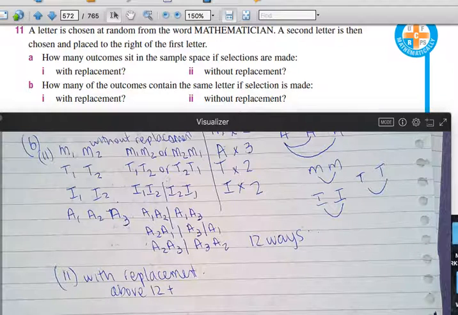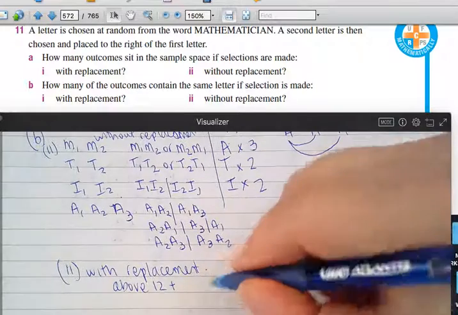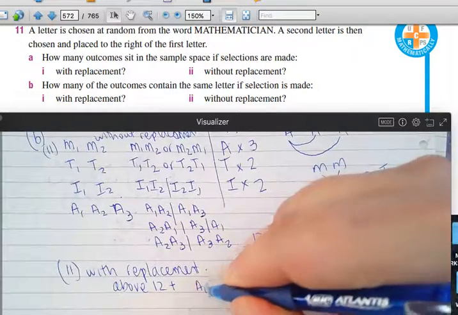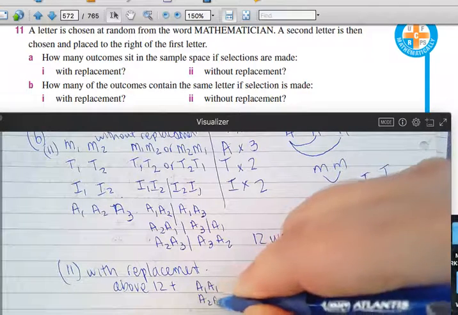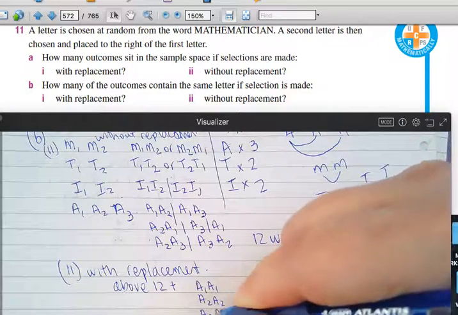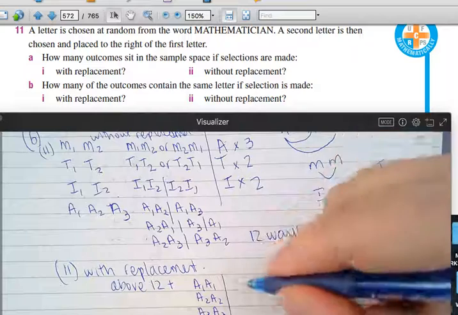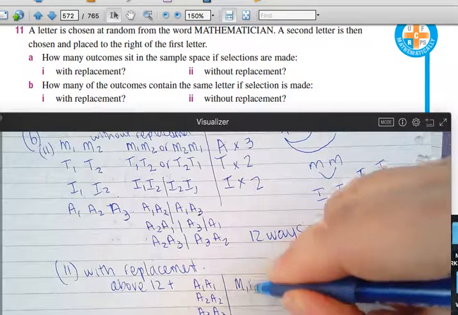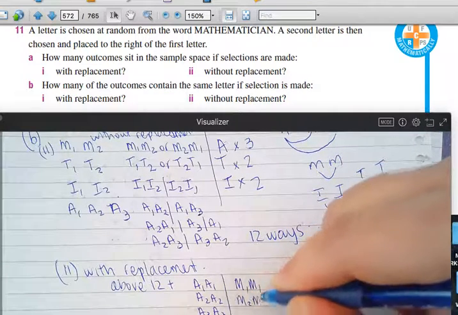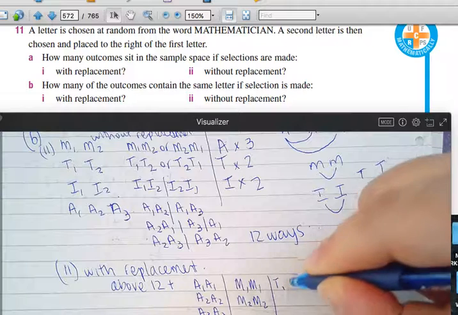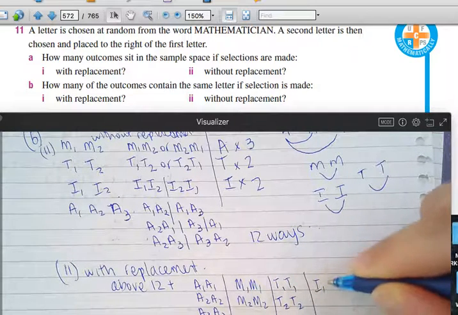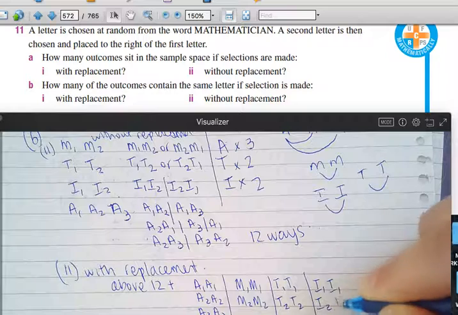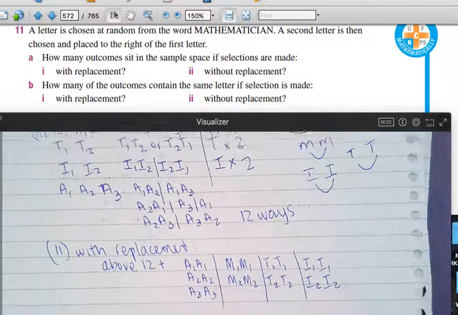Because you're picking up the card and putting it back. What's that add up to?